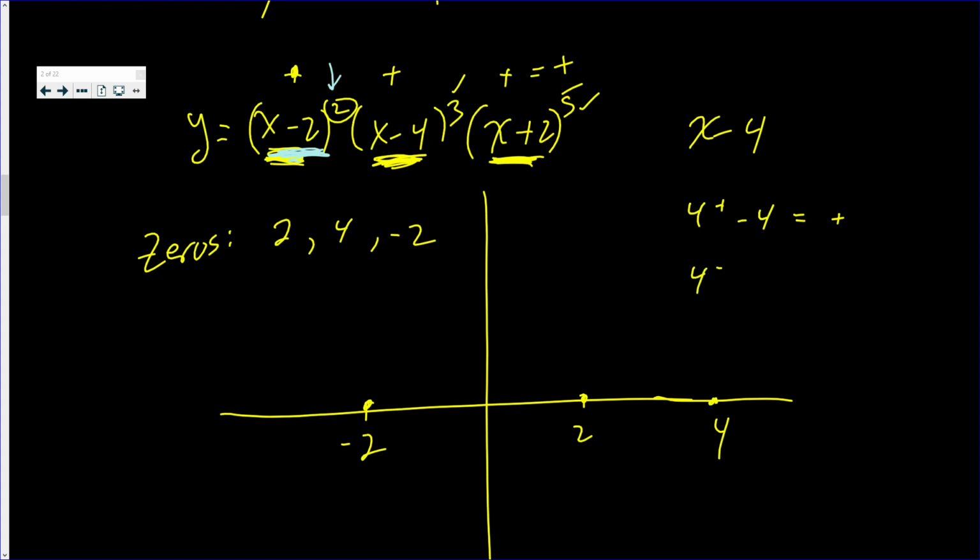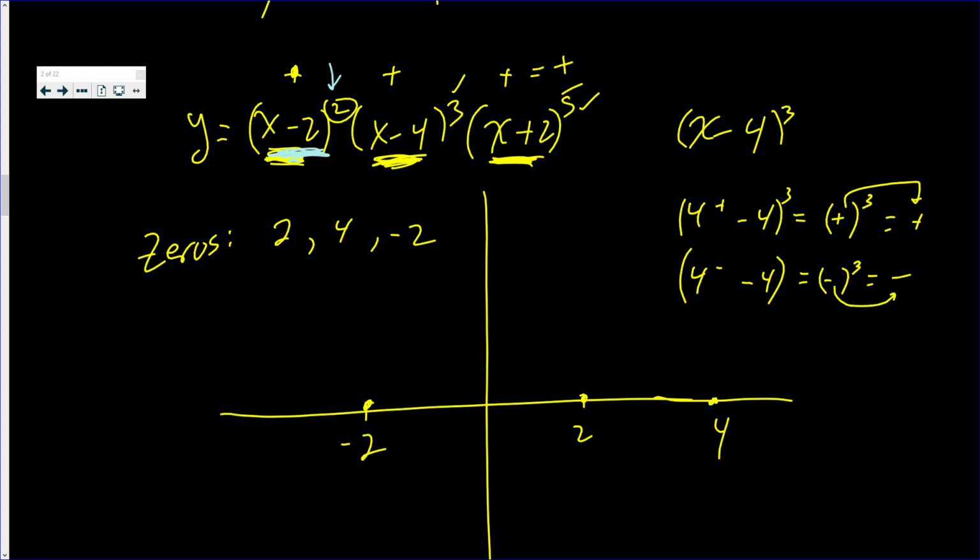If you're a little bit less than 4, and you take away 4, you'll be negative. But we need to cube this. And you know what? When you cube a positive, it's still positive. And when you cube a negative, you'll be multiplying 3 negatives together. An odd number of negatives is going to be negative. That is, cubing didn't do anything.